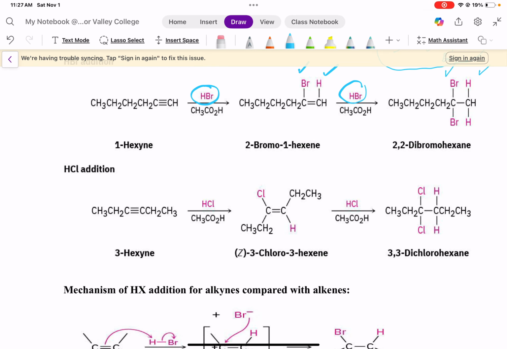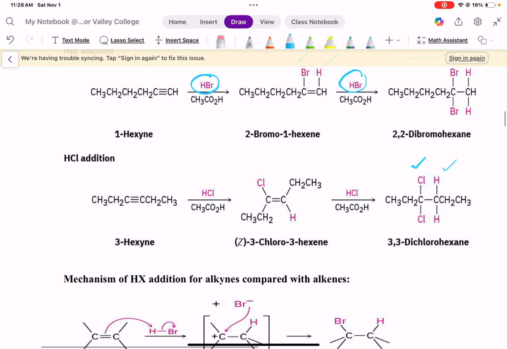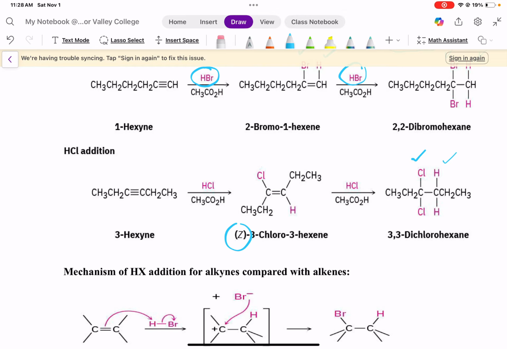HCl, it's the same. In this case, it doesn't matter. Symmetrical molecules. 2 chlorine atoms go to the same carbon, and 2 hydrogens go to the same carbon. Very nice. However, the first one, you notice that when you do the first one, they add opposite.